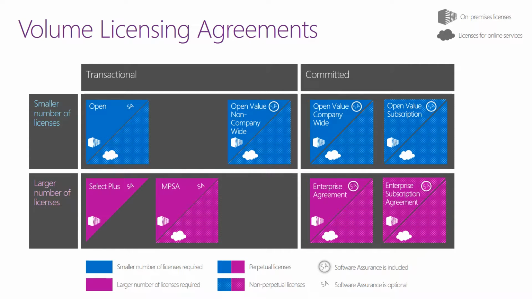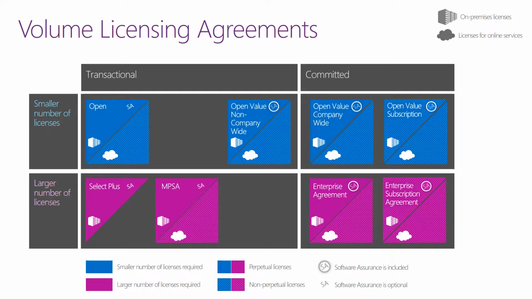So let's begin with seeing how the Select Plus agreement fits in with Microsoft's other volume licensing agreements. I'm sure you're familiar with this slide, it's one of my favourites. You can see the Select Plus agreement in the bottom left hand corner, and it shows us that it's aimed at customers who want to purchase a larger number of licenses for on-premises software, such as Windows 10 and Office, or Windows Server and SQL Server.